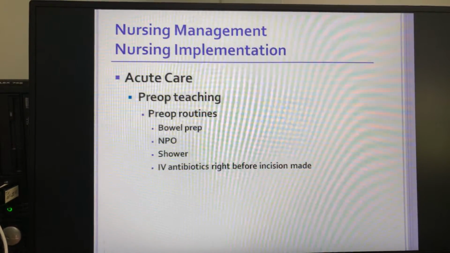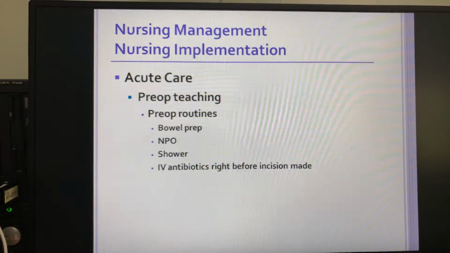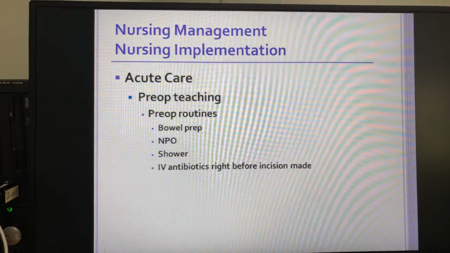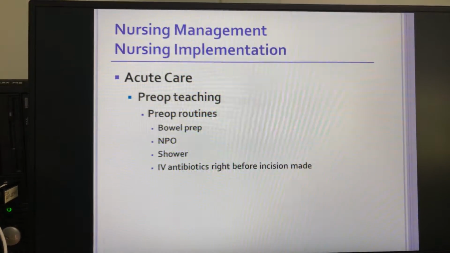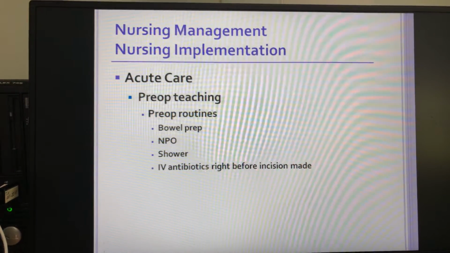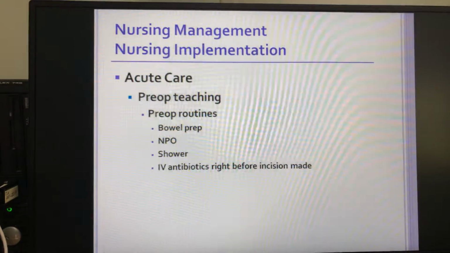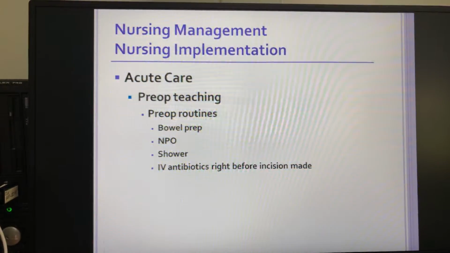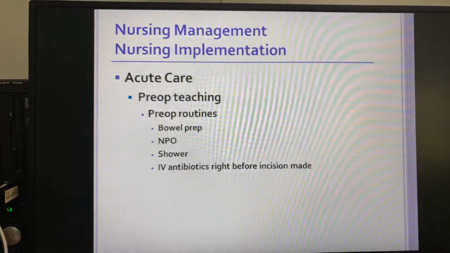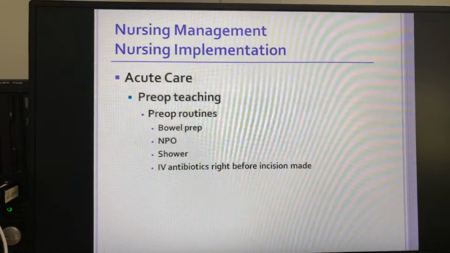We want to keep the patient NPO, make sure that they have had a shower prior to the procedure, and we want to give IV antibiotics right before the incision is made, so that initial IV antibiotic will actually be given in surgery.